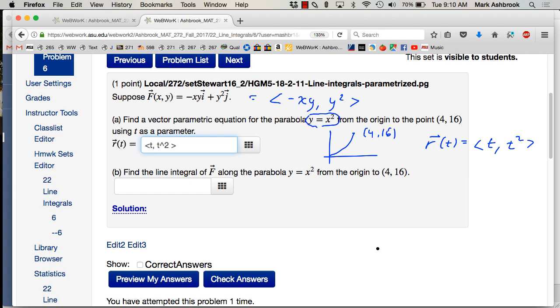All right, now we want the line integral of F along that parabola from the origin to 4, 16. So let's actually graph this vector field and then make a prediction for what the line integral will be.